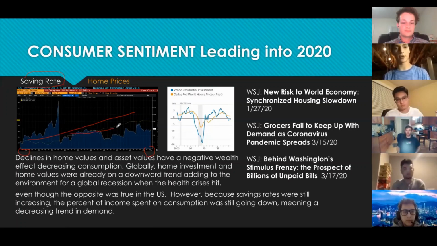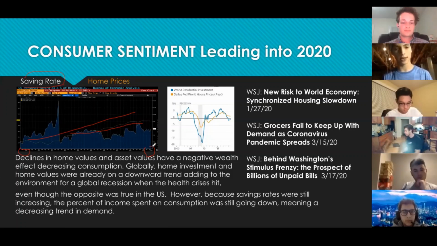So if the savings rate is going up, that means that consumers are spending less and demand is decreasing. This is important to notice, because this is part of the environment that made way for the financial crisis. So demand was decreasing.